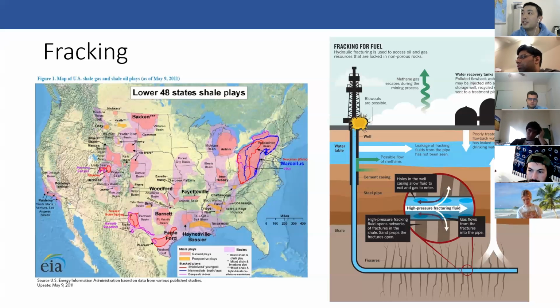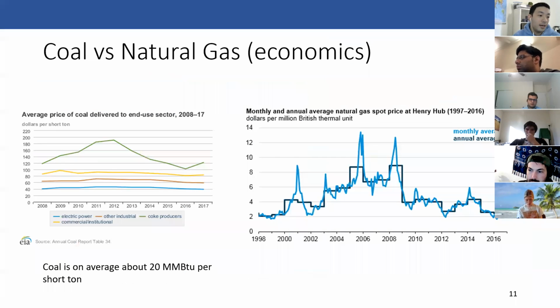And that has led to a big transition towards the use of natural gas compared to coal. Here we can see, since the late 2000s, the average price of coal versus natural gas spot prices.